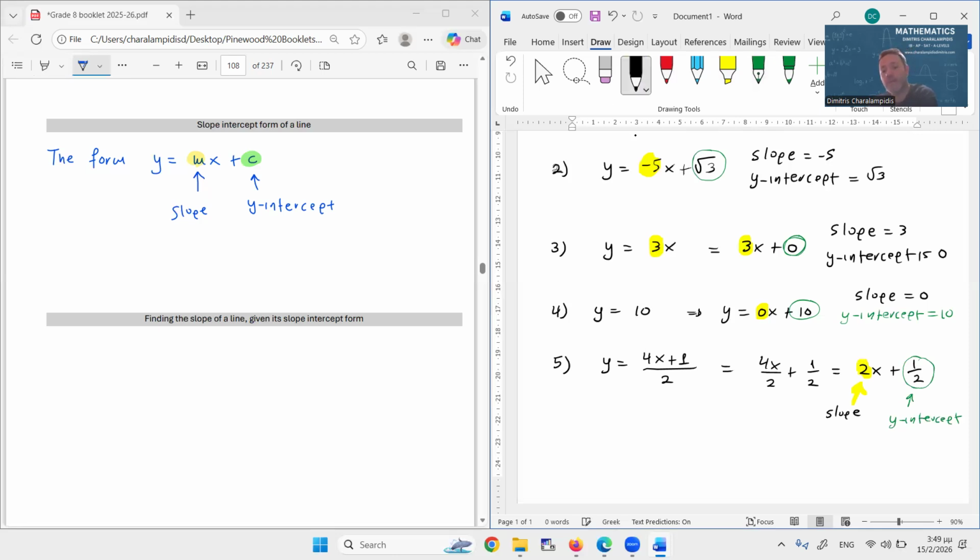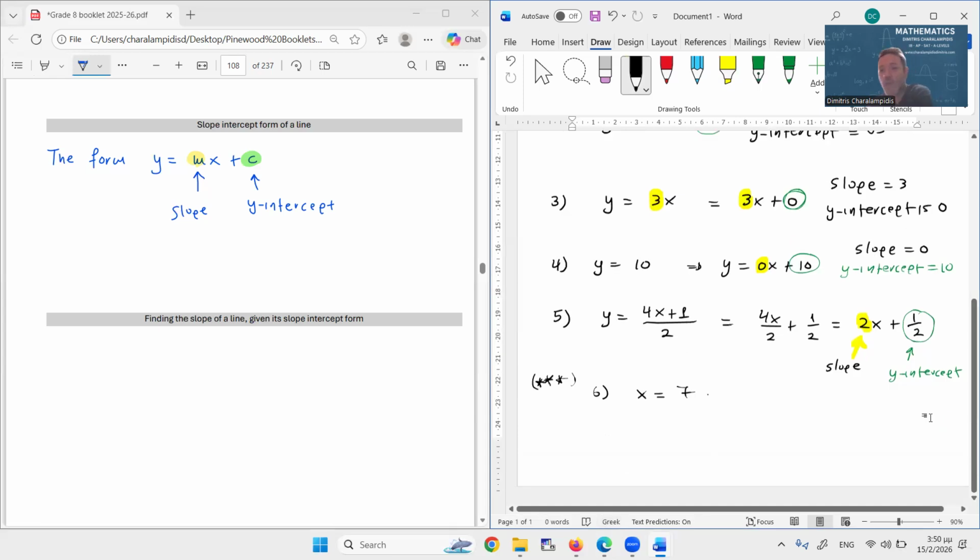And finally, a very special case, which is the line x equals something. Let's say it here, x equals 7. Here, we see that we do not have any y at all.